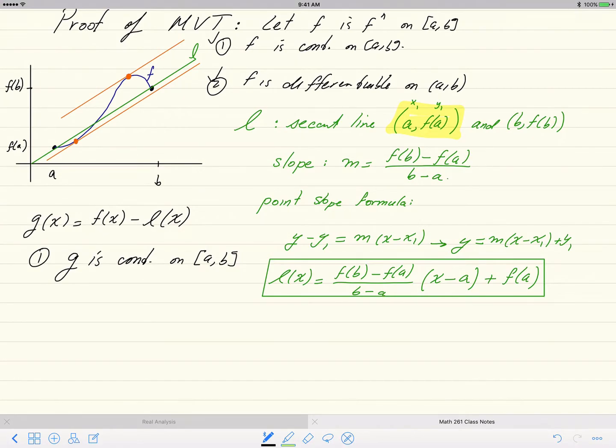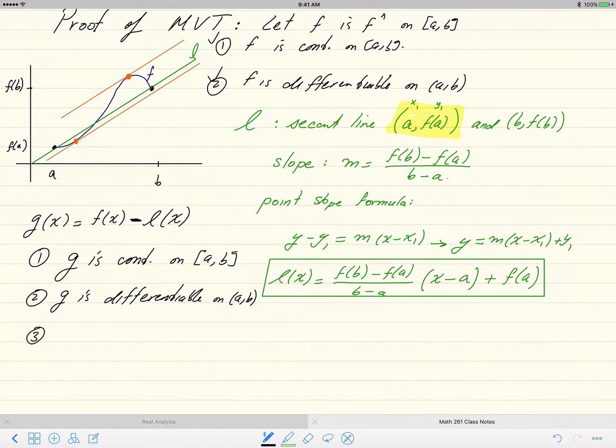Why? Because f is continuous and linear functions are continuous, and when you take the difference of continuous functions, then the difference is continuous. Number two, g is differentiable on the open interval AB. Again, f is differentiable, linear functions are differentiable, and when you subtract differentiable functions, the new function is also differentiable.